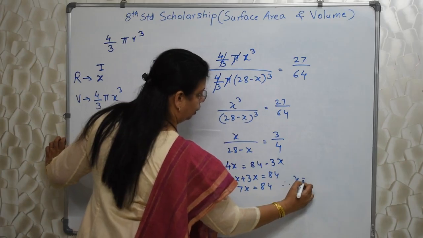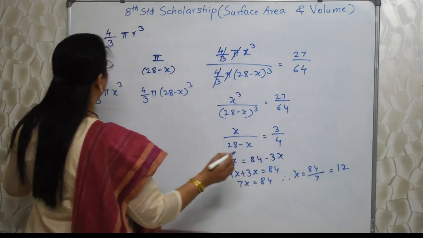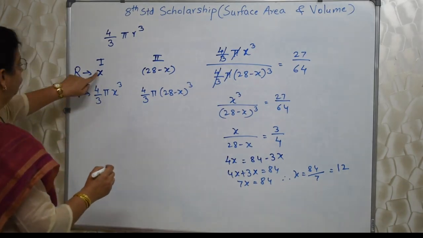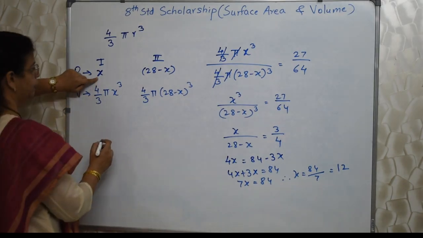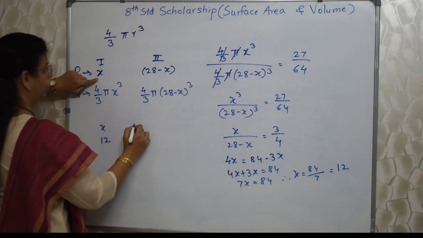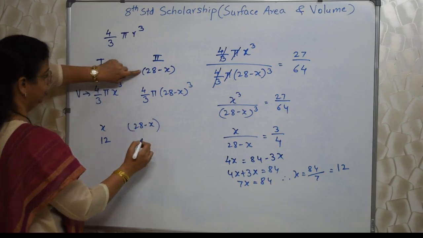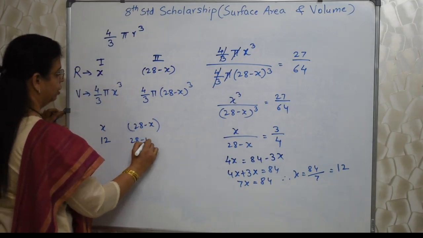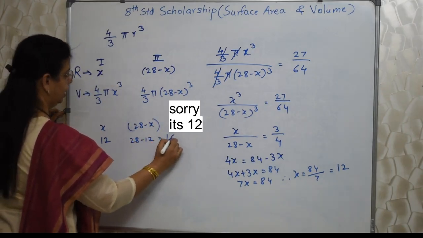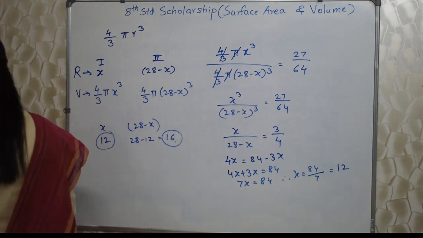Therefore x is equal to 84 upon 7. Then x is 12. Radius of first sphere is x, right? This is 12. So what is going to be the second one? 28 minus x. See here. So 28 minus 12, that is 16. So our answer is 12 and 16.